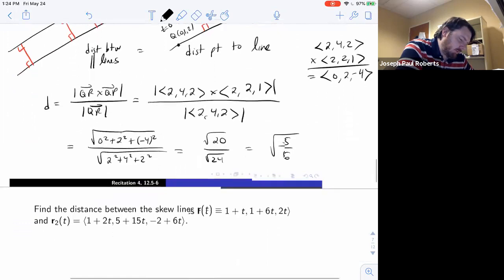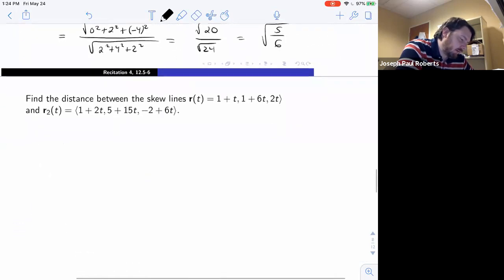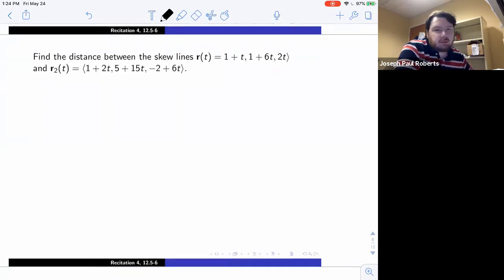So now, probably the trickiest one for today is, how do you find the distance between two lines that are skew? So remember, lines in R2, if you're in the XY plane, can either intersect or be parallel. But if you're in 3D, that's 3 dimensions, and each line is only 1 dimension. So you have more freedom.